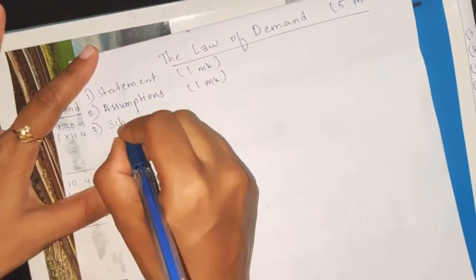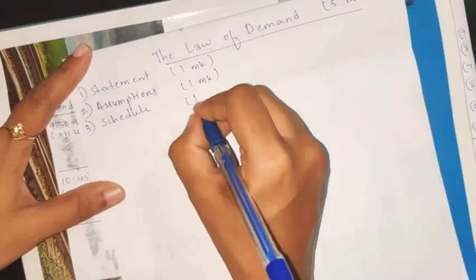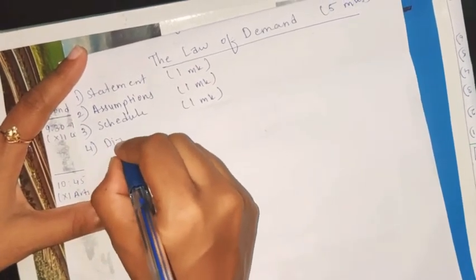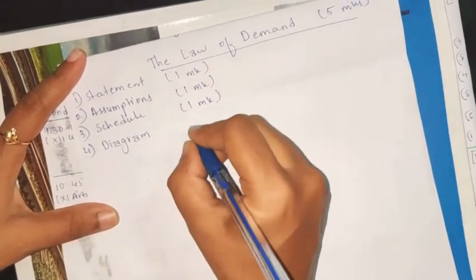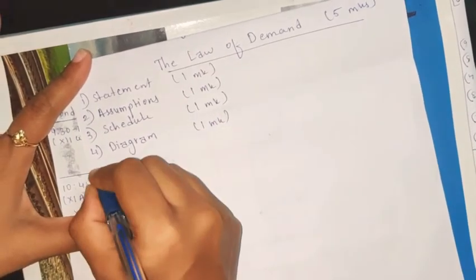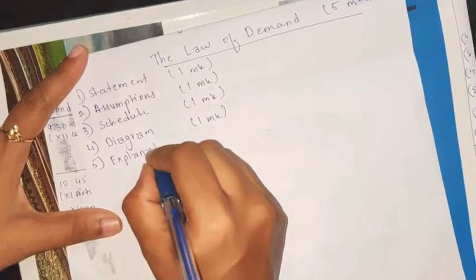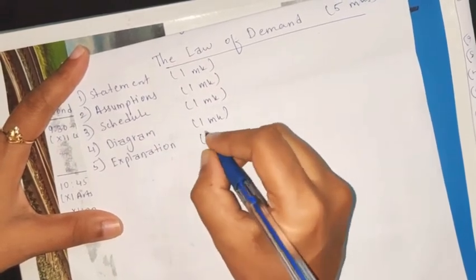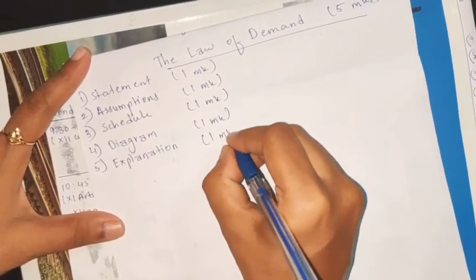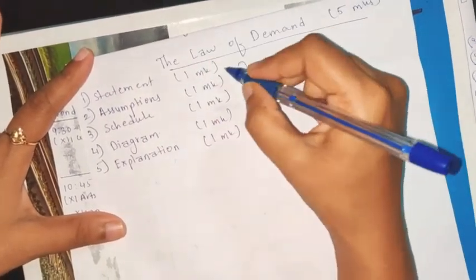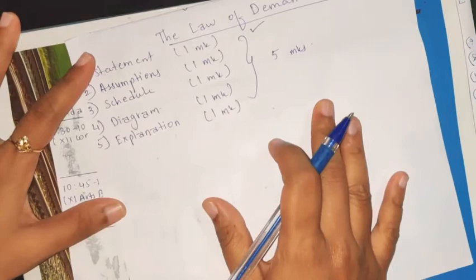Third one, schedule, 1 mark. Fourth one, diagram, 1 mark. And lastly, explanation of schedule and diagram, 1 mark. Total 5 marks. Let us begin with the statement of the theory.